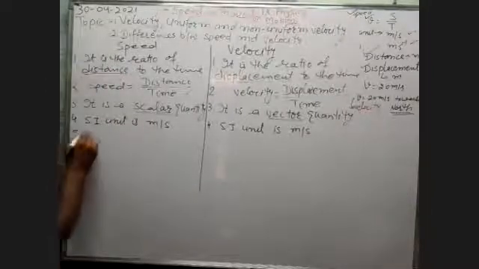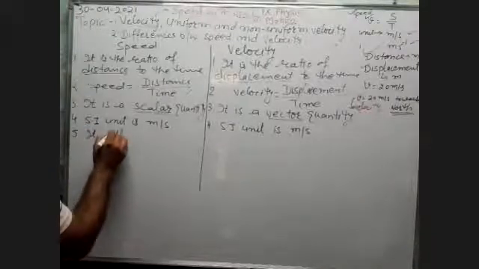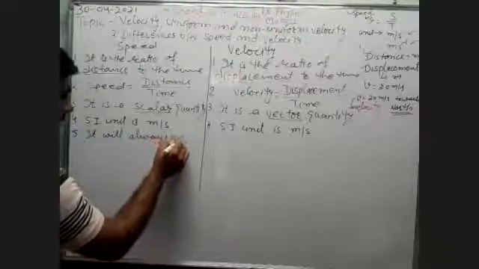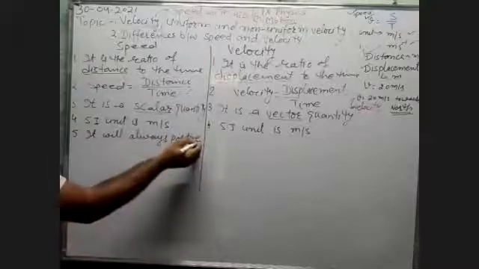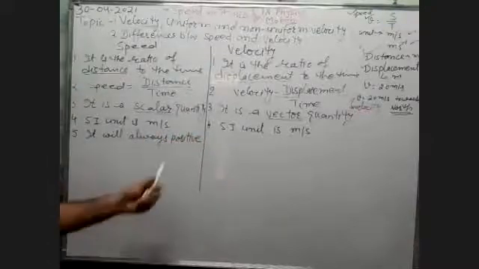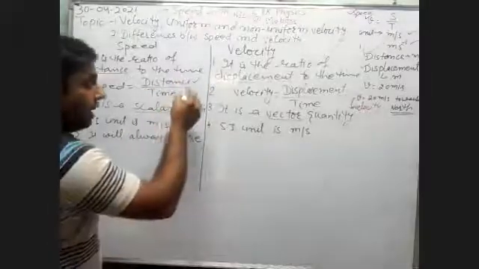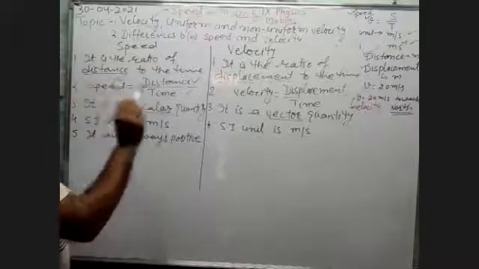Fifth one: speed will always be positive. It can never be zero and it can never be negative, because it depends on distance. As we have already discussed, distance cannot be negative.